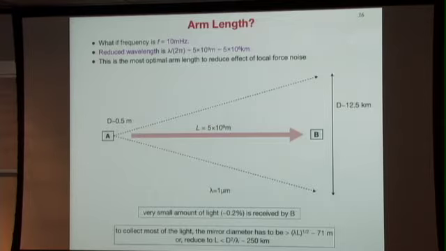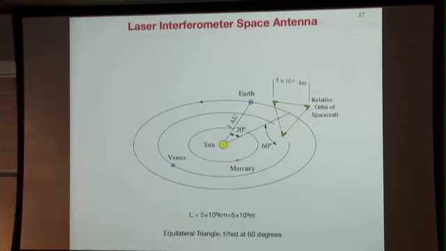As it turns out, the exercise has been done for LISA, the Laser Interferometer Space Antenna, and they got exactly 5 million kilometers. If I were to guess what happened, they calculated the shot noise, then set the acceleration noise requirement to fit exactly the knee of the rise.